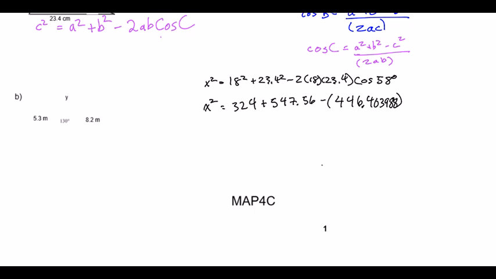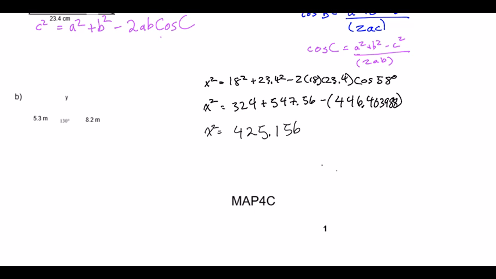So once we do our calculations, we get x squared is equal to approximately 425.156, and then there's a 0 after this, so I can stop right there.